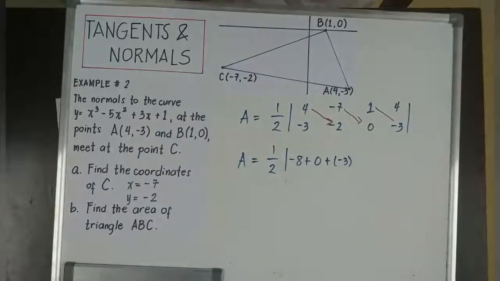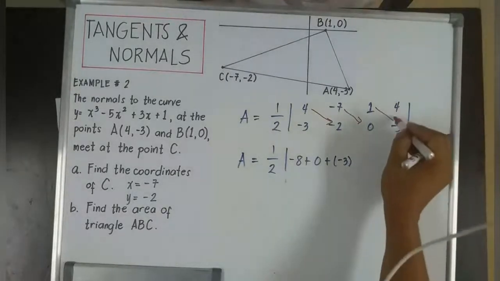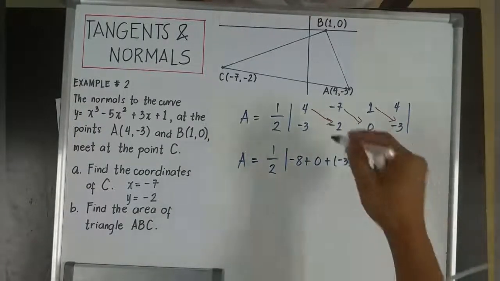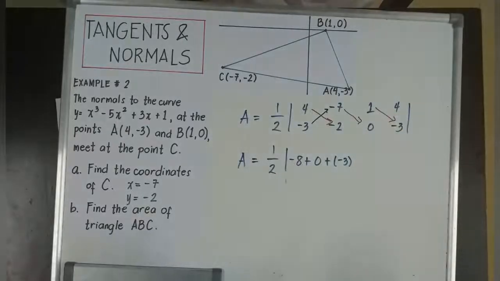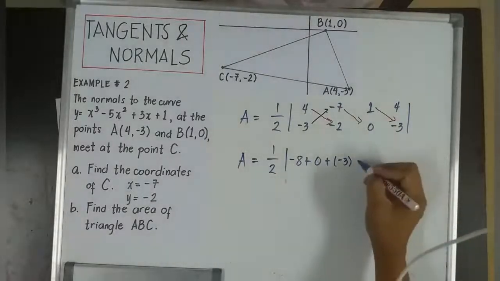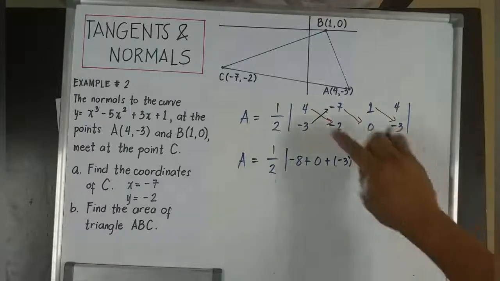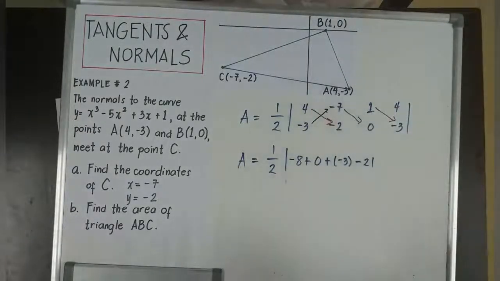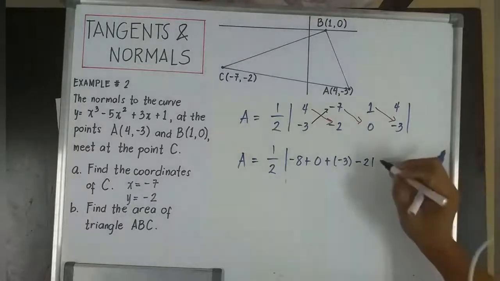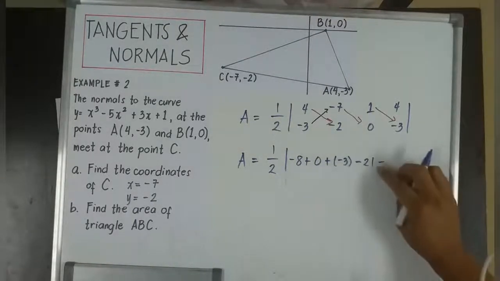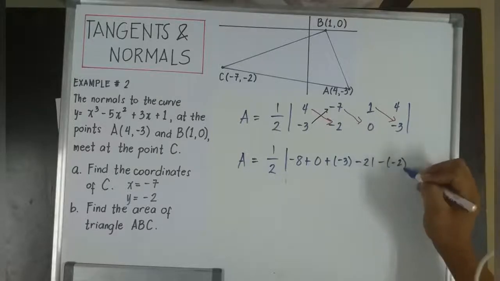The next 3 things that you need to write is you have to subtract everything. Negative 3 times negative 7 will be minus 21, because negative 3 times negative 7 is 21, so minus, then minus negative 2.